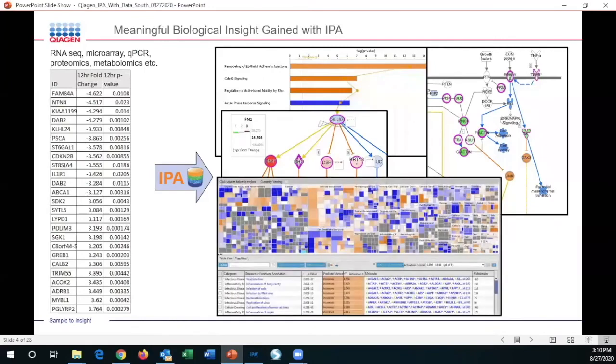Now, we ask a question converse to that as well. When we see a set of molecules changing in our data set, can we associate these molecules with a given phenotype or function? So what is the consequence of our expression change? In short, each square on this heat map that we're visualizing represents a particular term.